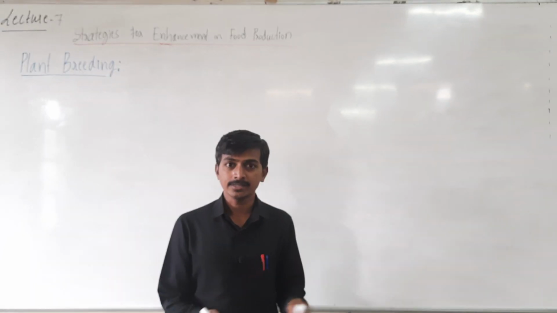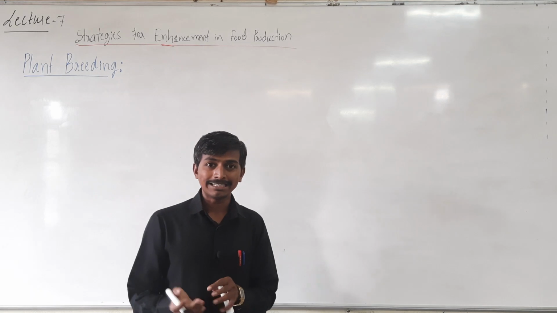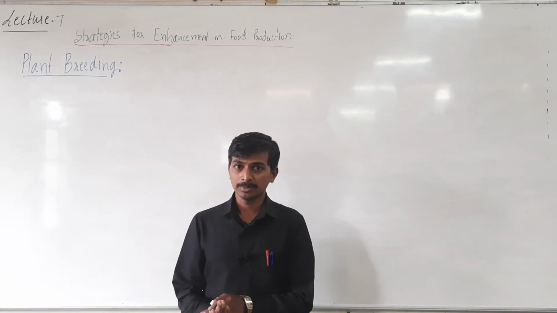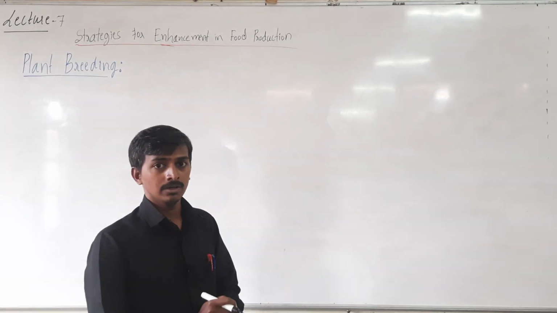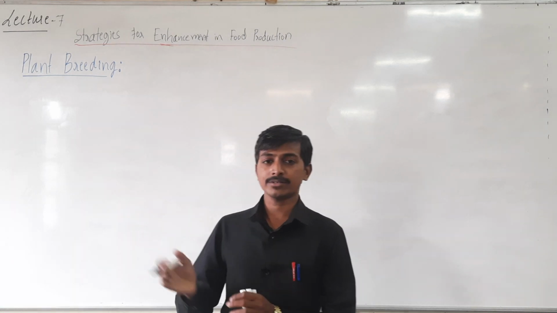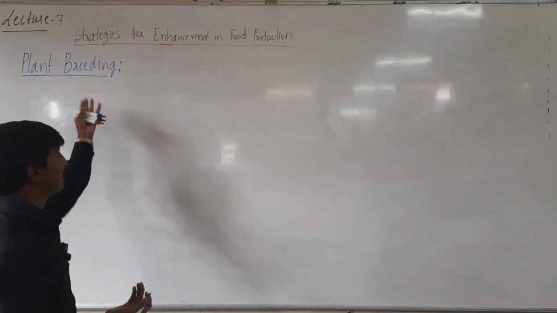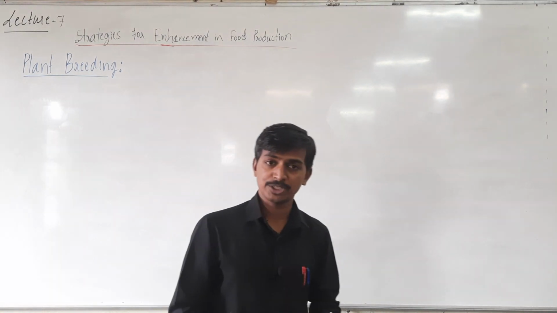Till yesterday's class, we have learnt about the different aspects of animal husbandry, animal breeding, poultry, as well as fishery. Right. In today's class, we shall discuss plant breeding, all about breeding in plant species.